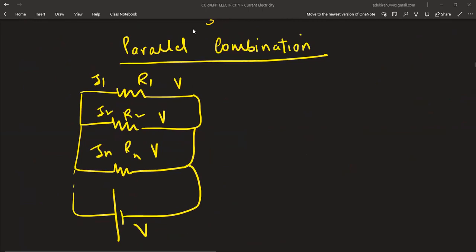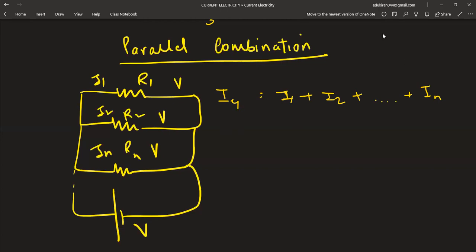See, now when we're talking about the parallel combination, the voltage remains same and current is different. So when we're talking about the currents, the equivalent current will be I1 plus I2 up till In.